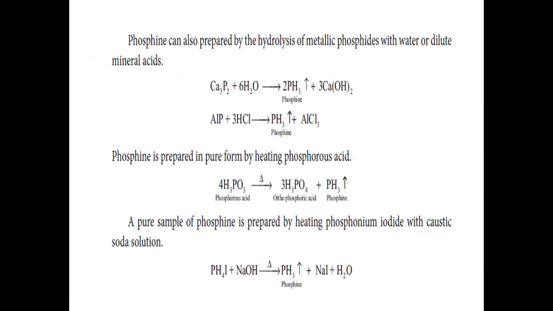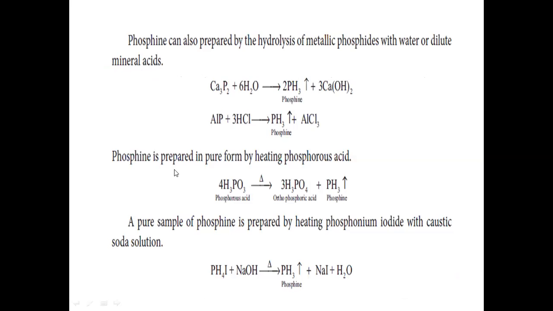Phosphine can also be prepared by the hydrolysis of metallic phosphide with water or dilute mineral acid. Calcium phosphide reacts with water to give phosphine and calcium hydroxide. Aluminum phosphide with hydrochloric acid gives phosphine and aluminum chloride.